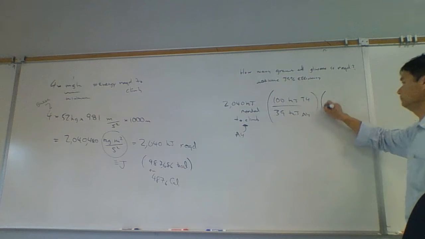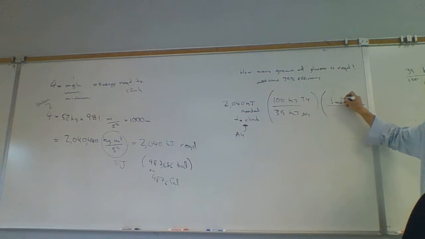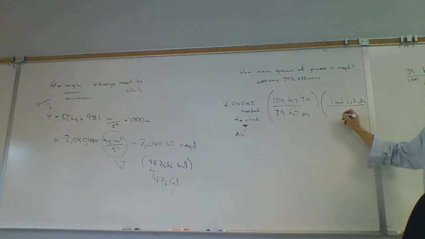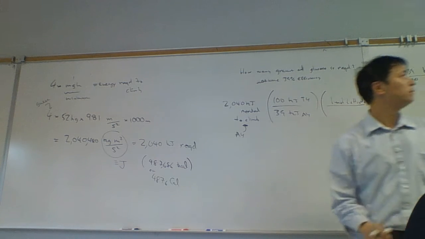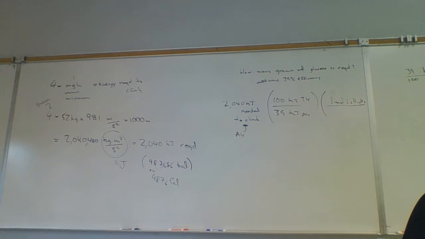Now, okay, then we know that for every 1 mole of glucose, C6H12O6, we're going to get, what was it, 2,805 kilojoules from here.